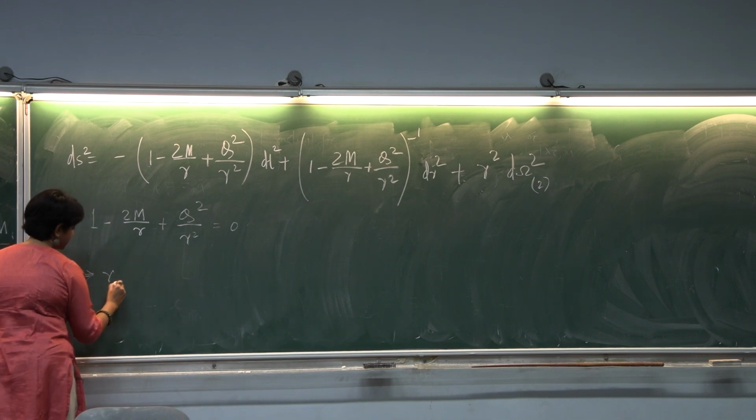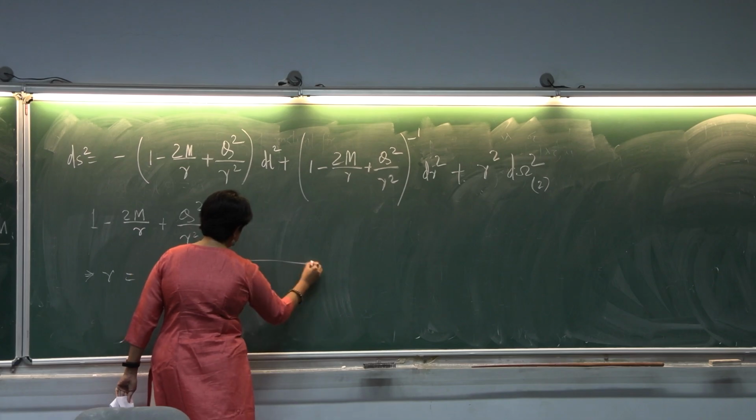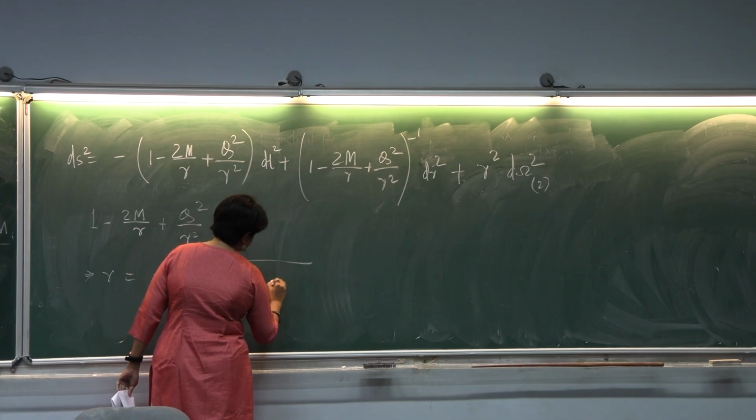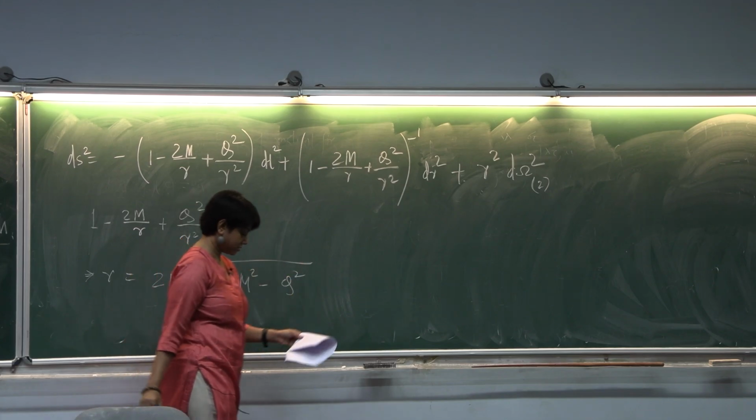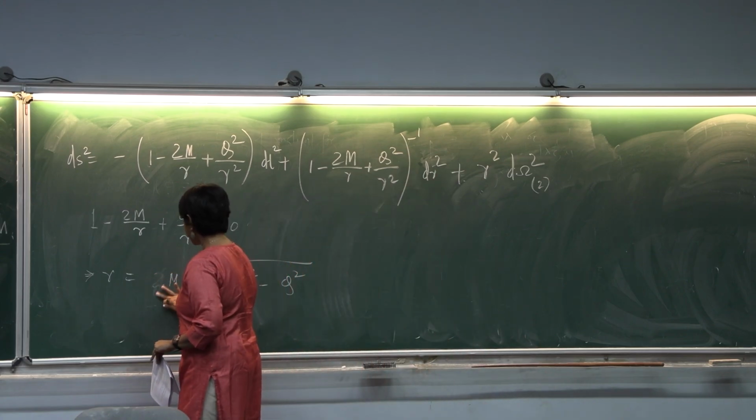And if I want to write what is R, this is m plus minus square root of m square minus q square. Sorry, this is only m.